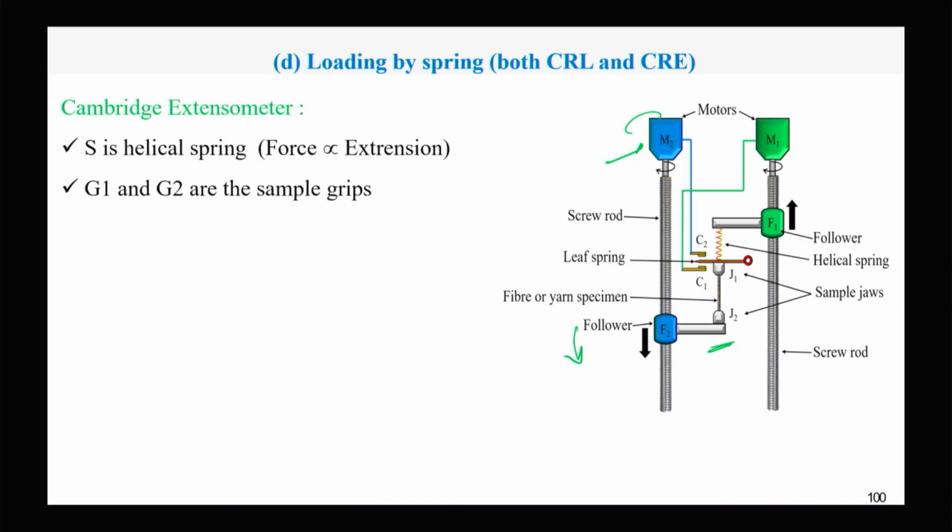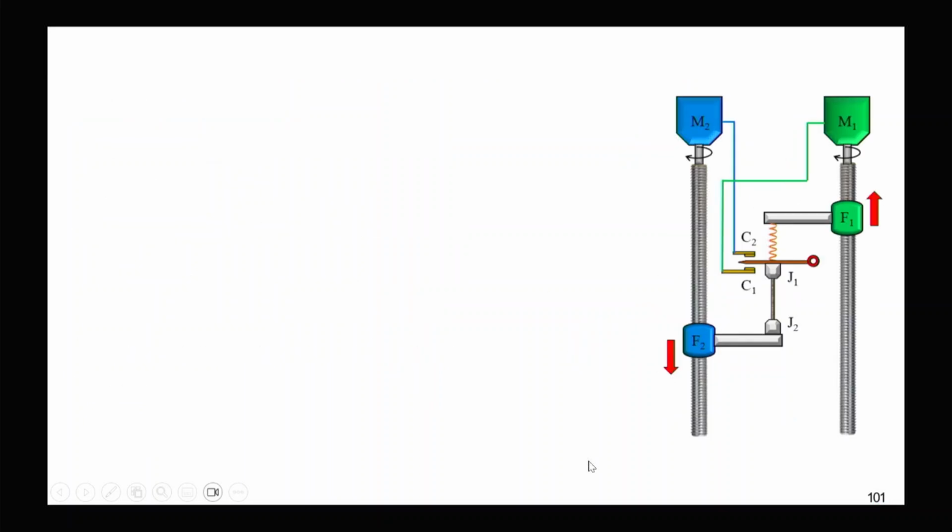So the movement of follower F1 represents the extension of the material, and upward movement of follower F1 represents the load on the material, and the downward movement of follower F2 represents the loading on the material, and these are explained here in detail.